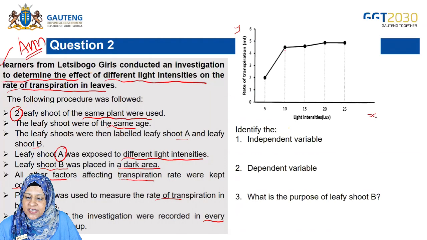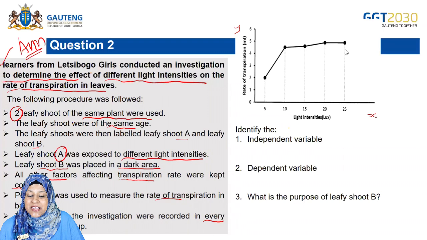And there's a steady increase, and then a slight increase, then constant again. So we have an idea of what is happening. Right, now we can go to look at the questions.